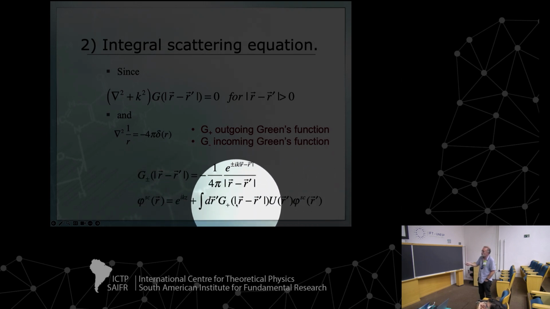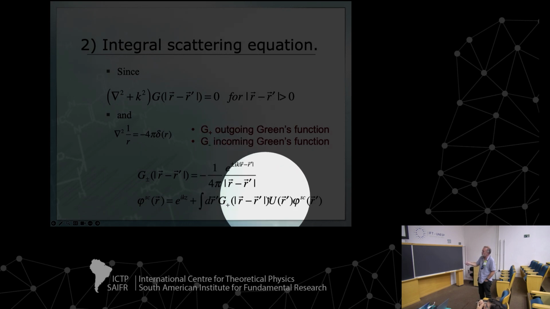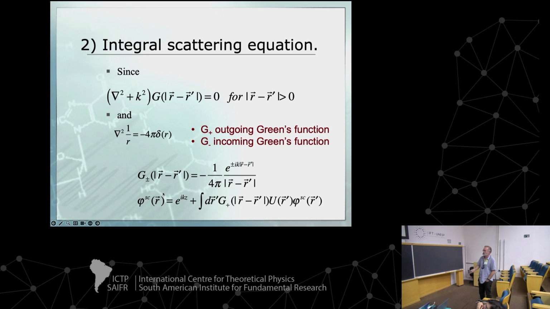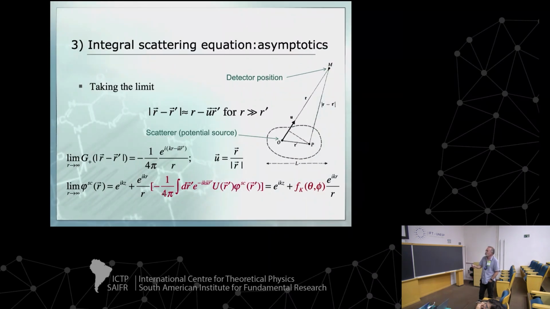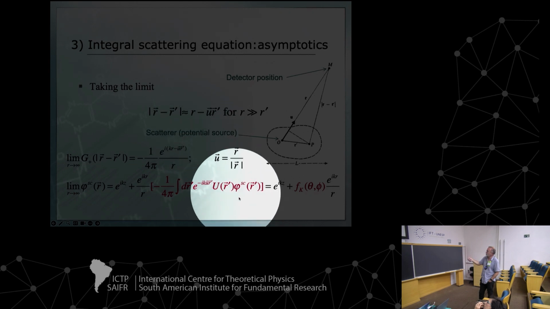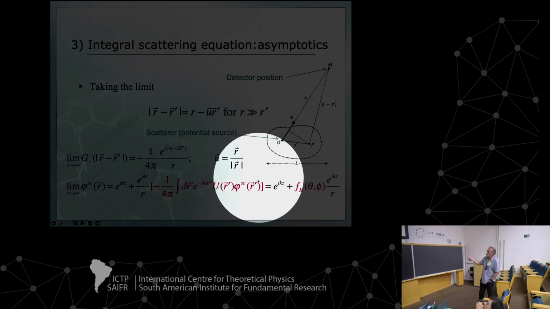The outgoing Green function, which is this term, times the potential, times the scattered function. This is the key scattering equation, which is nothing but the Schrödinger equation written in integral form. You can take the limit, and once again, if you take the limit of r going to infinity, you end up with the same equation as before.